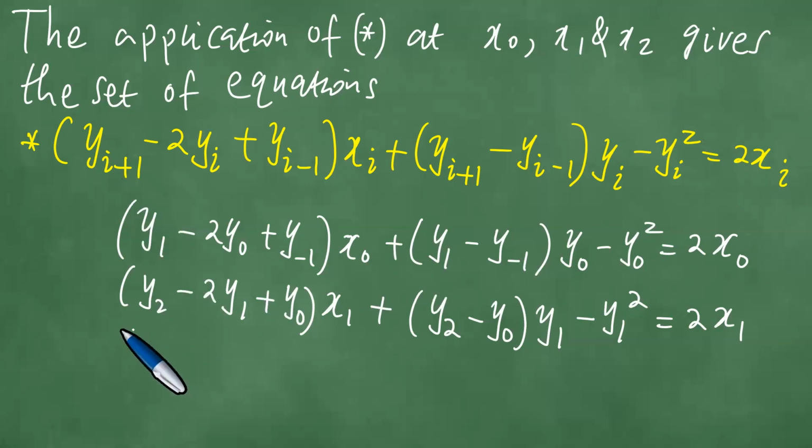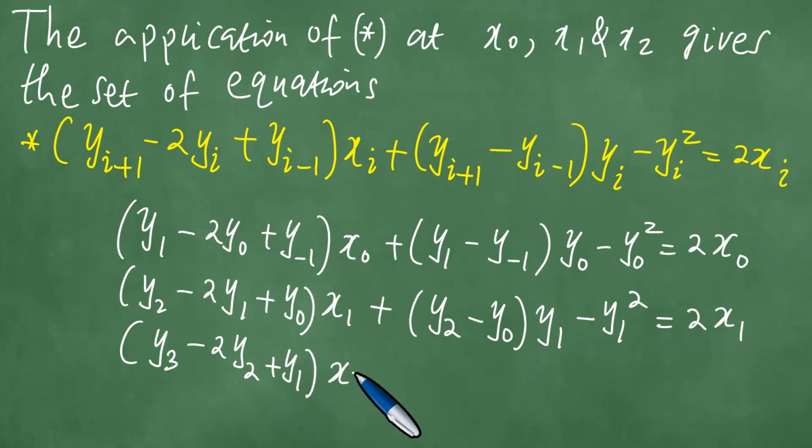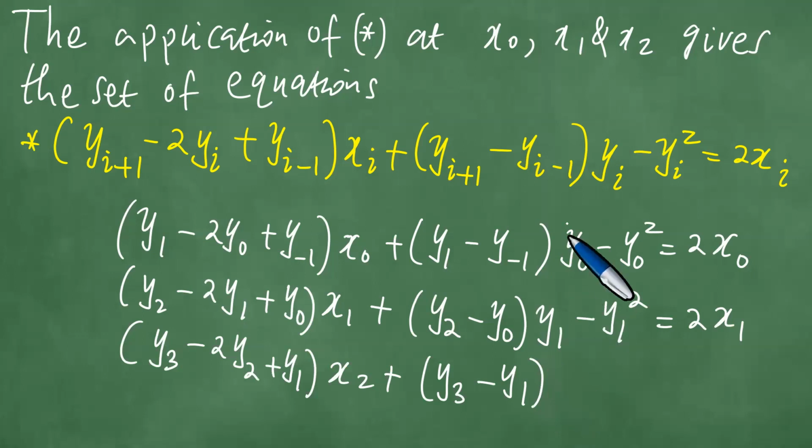And when i equals 2, then we get another equation, which is y3, 2y2, y1, x2, y3, y1, y2, y2 squared, 2x2.